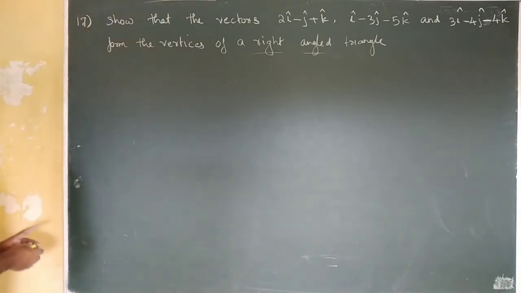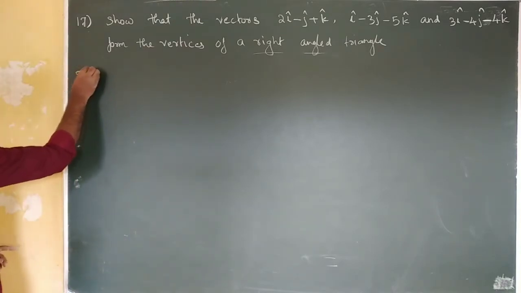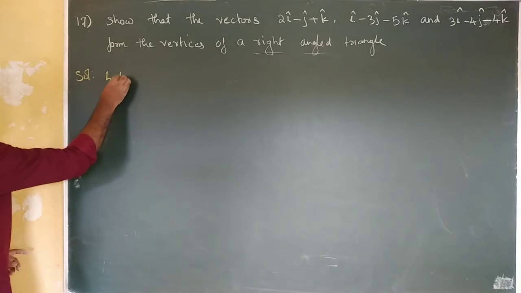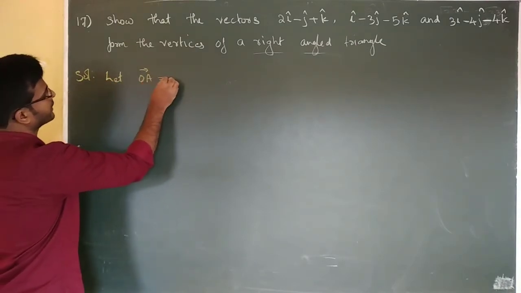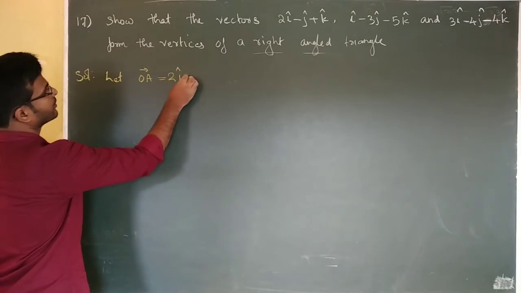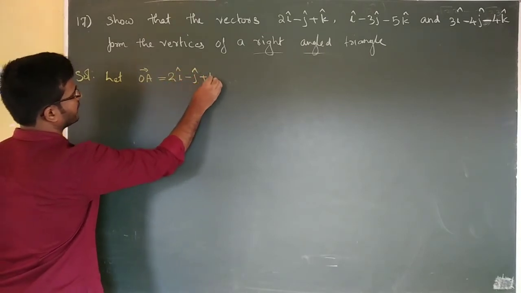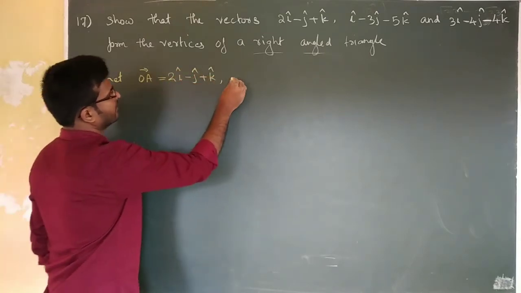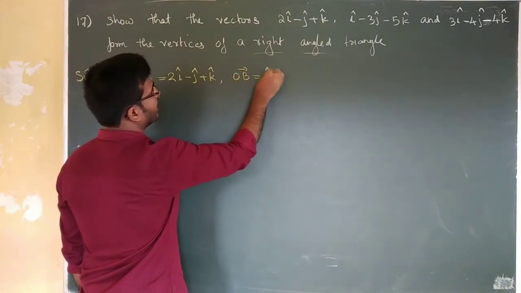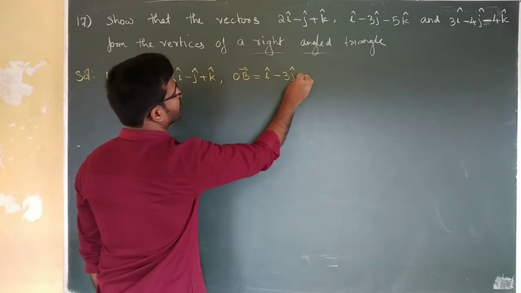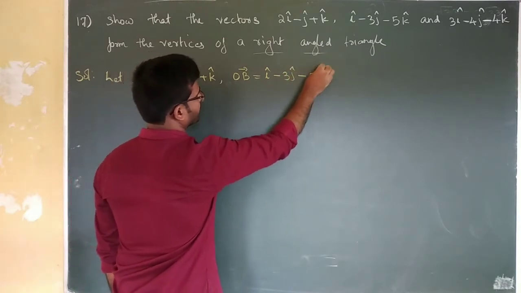First we can give names. Let the first vector be OA vector equal to 2i minus j plus k. Second vector is OB vector, i minus 3j minus 5k.